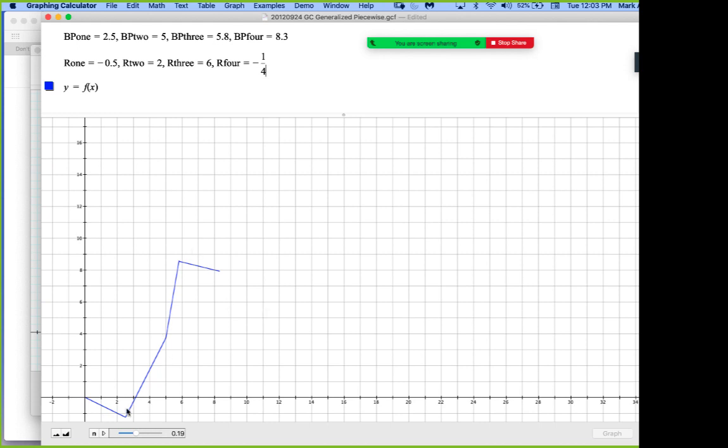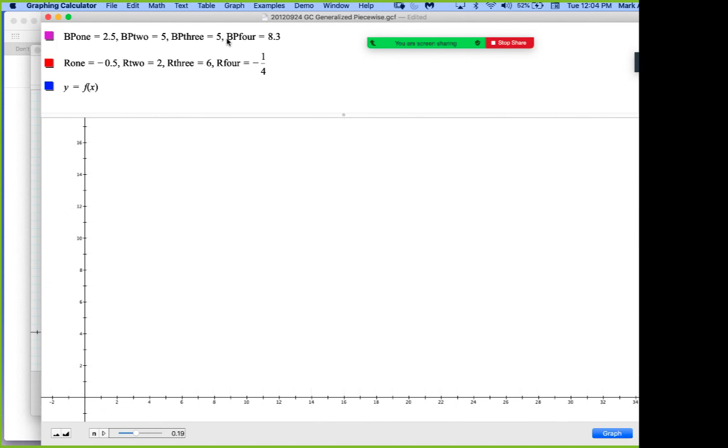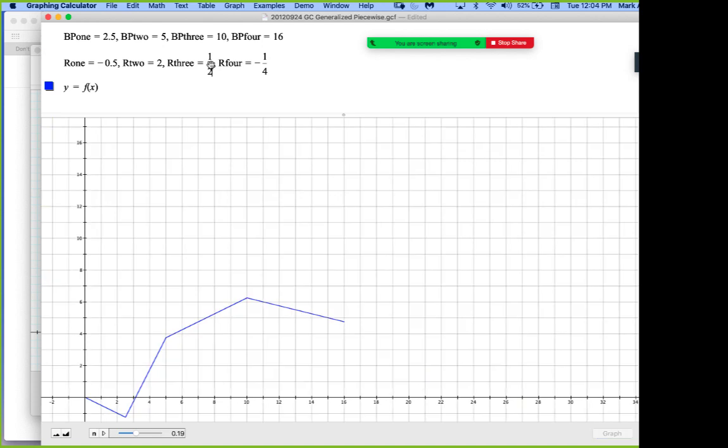So let's get this thing out this way. I want to move breakpoint 3 way out to 10, and breakpoint 4 to 16, and then rate 3, instead of 6, let's make it 1/2. Okay, so this is the idea.